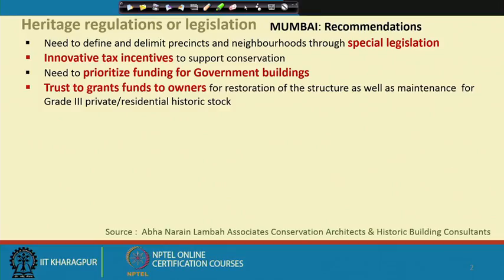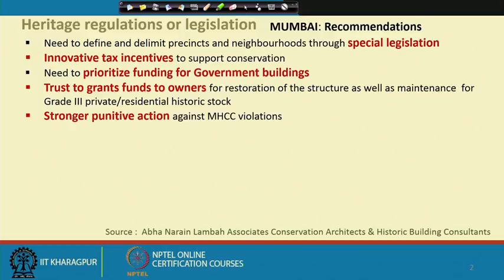So a trust should grant funds to owners for restoration as well as maintenance for grade 3 private residential historic stock. This is absolutely important, and some sort of fund needs to be formed which can give private owners either a long term loan or a grant; some funding instrument has to be formulated.